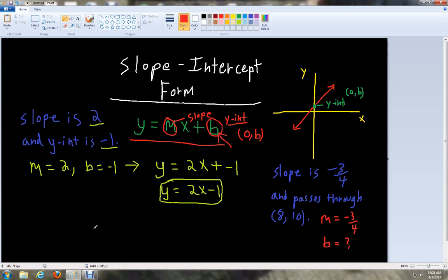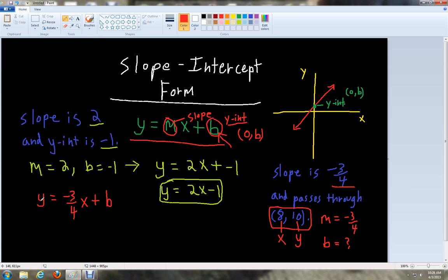So we'll have y equals our slope, negative 3/4 x plus b. We don't know b yet, but there's a way we can figure out b, because we have a point here on the line. We have 8 and 10. That's our ordered pair, and we know that 8 is our x value and 10 is the y value.